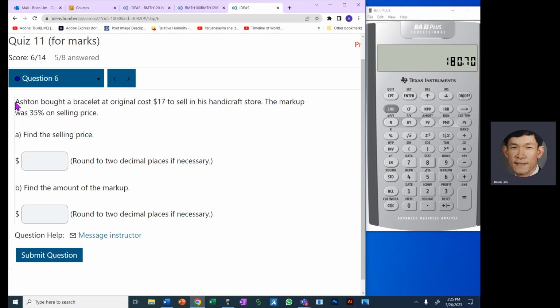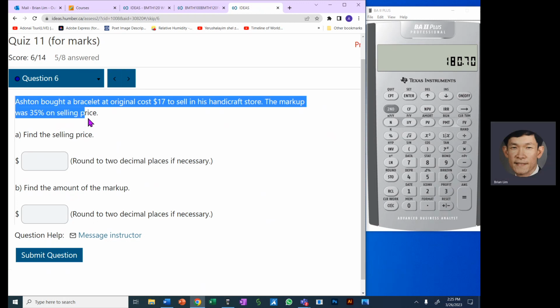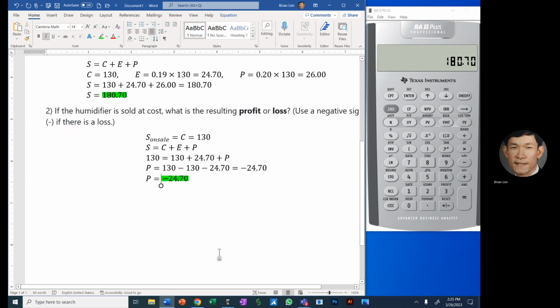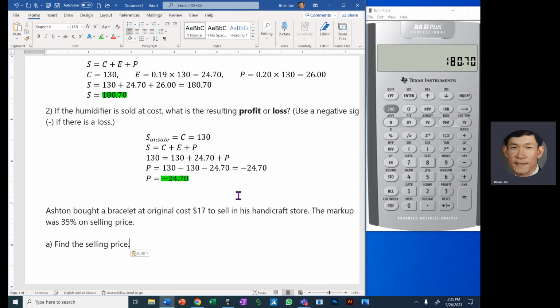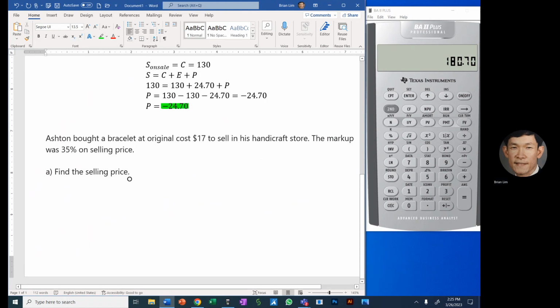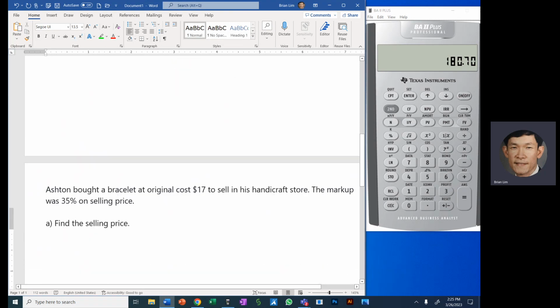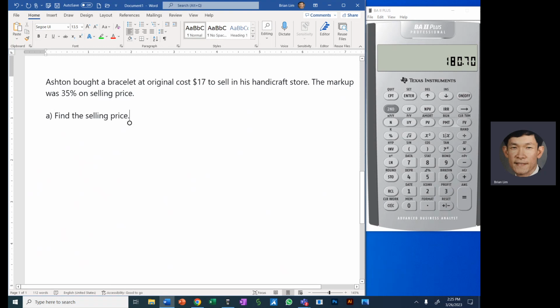Let's copy it, and then we can paste it and see how to do the question. It might be a better idea if we just go to a new page, so we'll have lots of space to do our work.